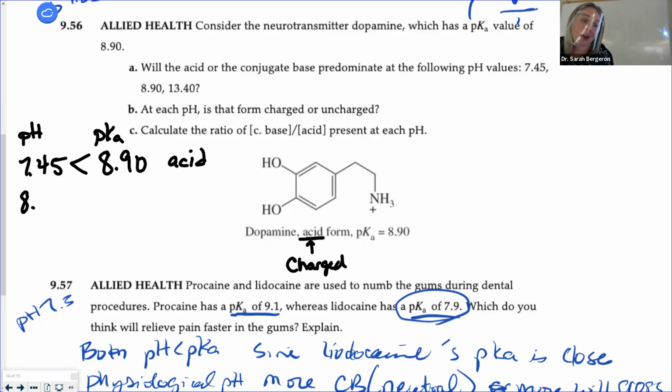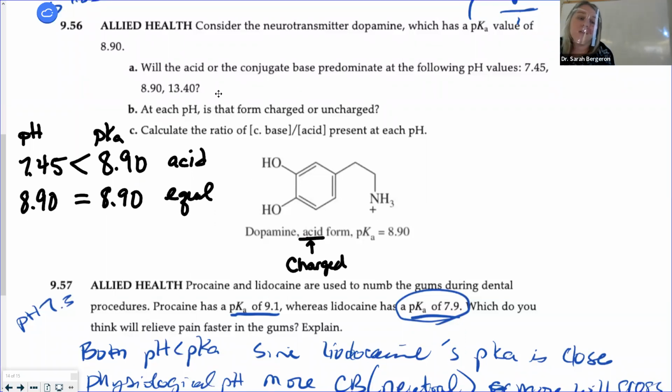The acid form. Good. Now we're going to change that pH. We're going to go to pH 8.90. We're going to compare it again to our pKa. The pKa doesn't change. Uh-oh. They're exactly the same. So what do we have more of? Neither, they're equal. You have equal amounts of the acid form and the conjugate base form.